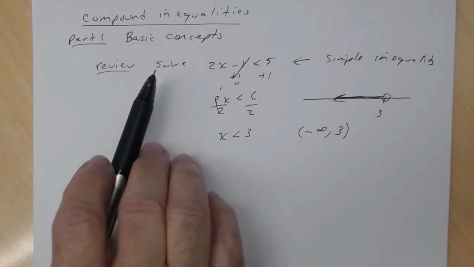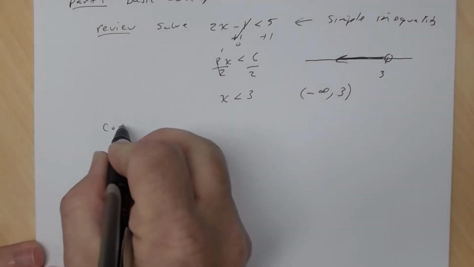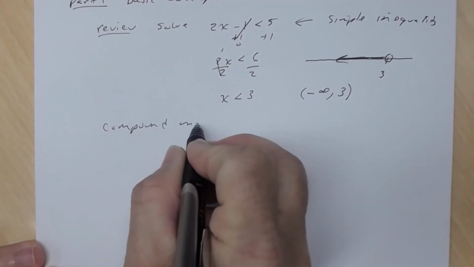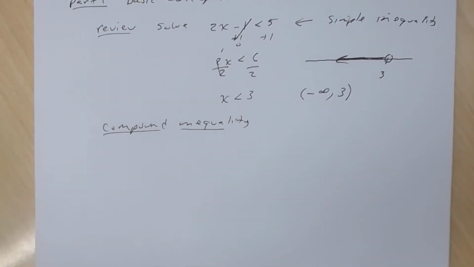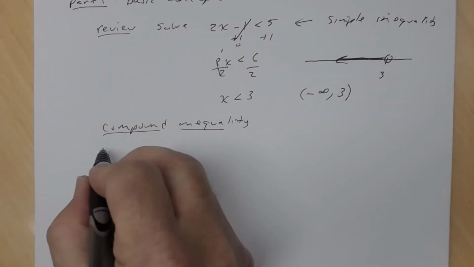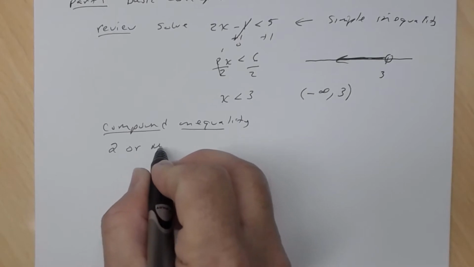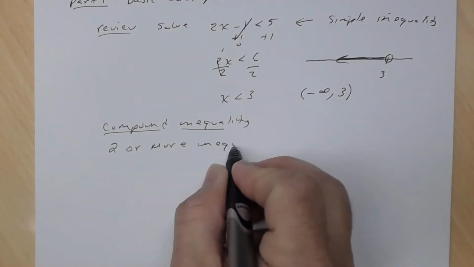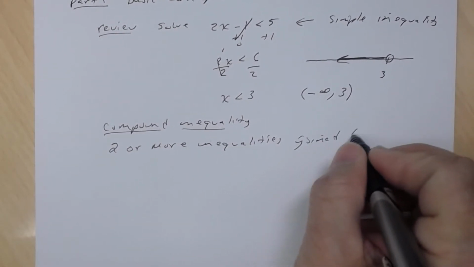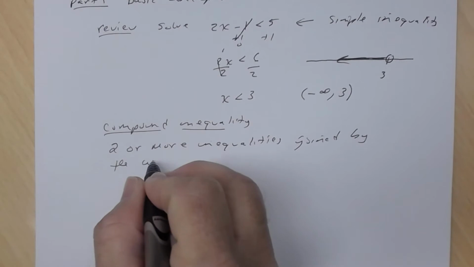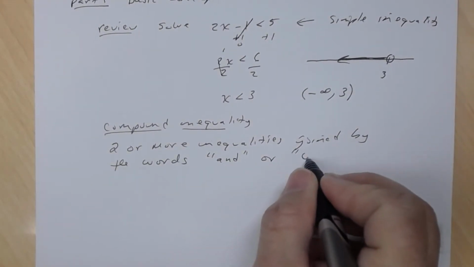Okay, now what we're interested in though are compound inequalities. So a compound inequality is an inequality statement where we have 2 or more inequalities joined by the words and, or.